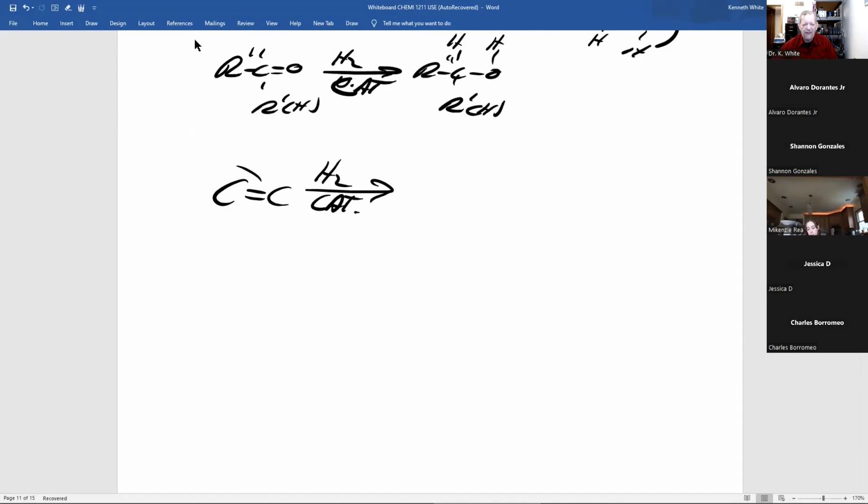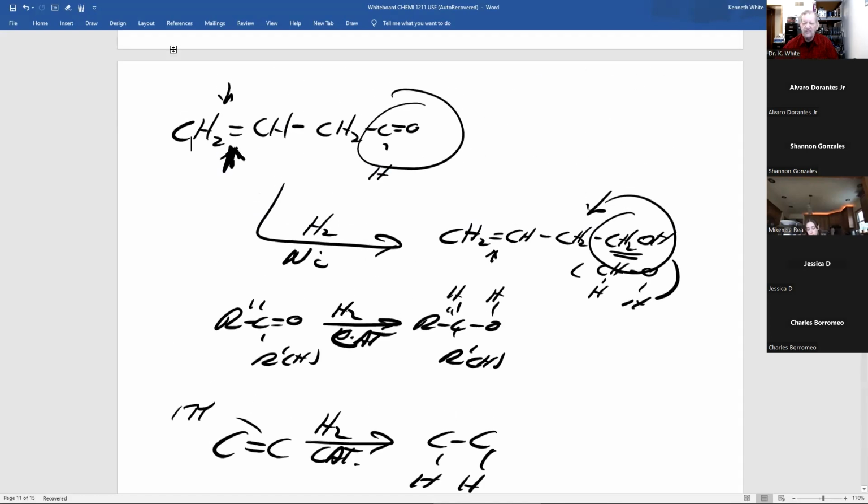I break the pi bond here, and each carbon of the double bond gets a hydrogen. So what that means up here is this is the molecule I want, but if I break the double bond, I could make this molecule.